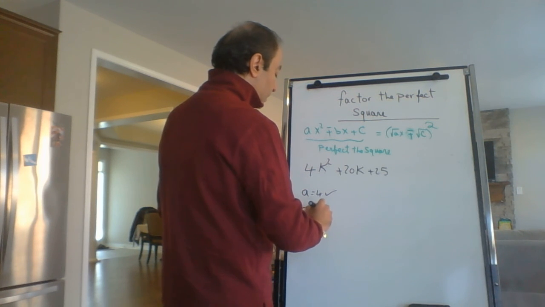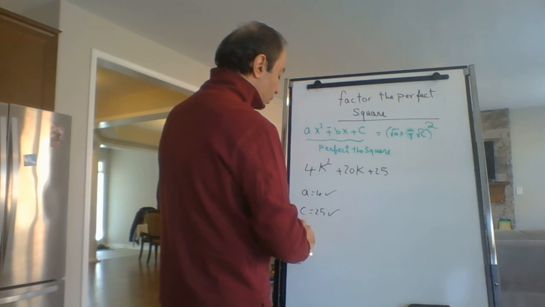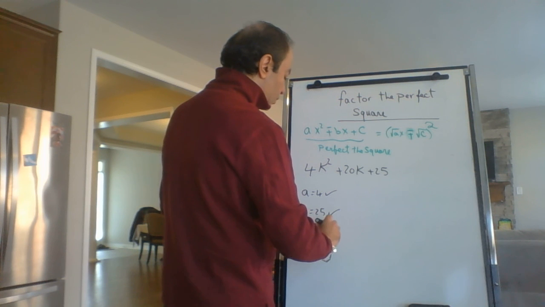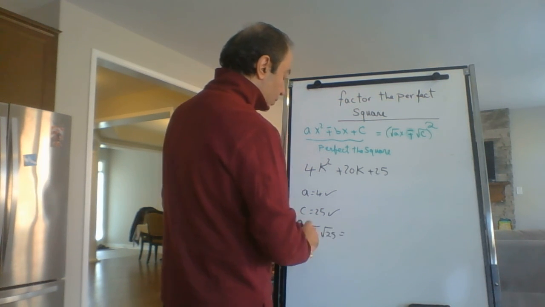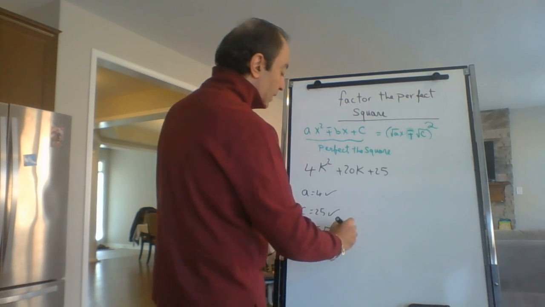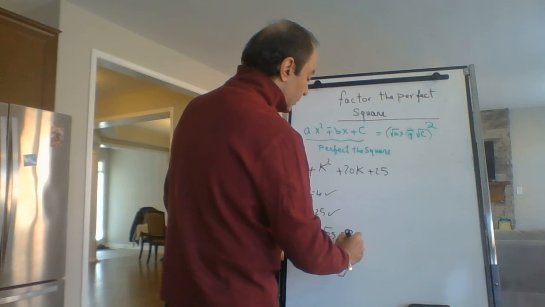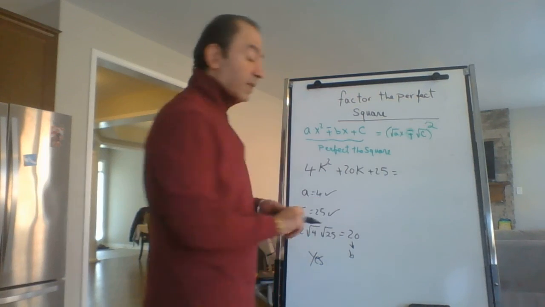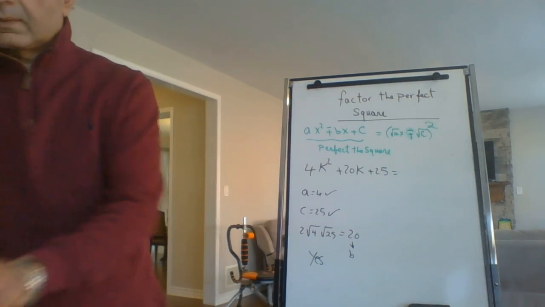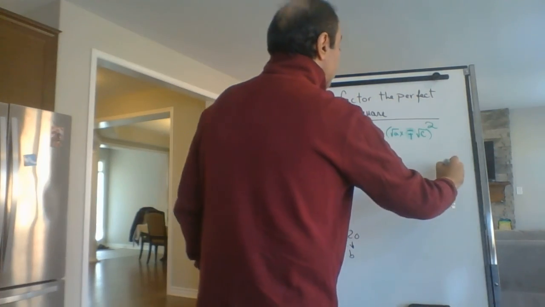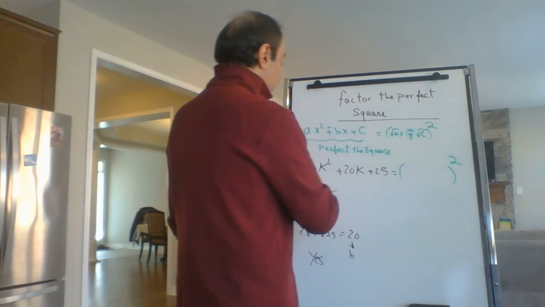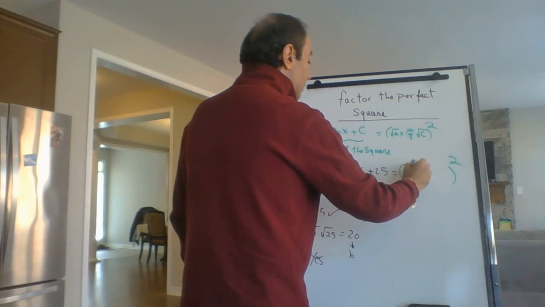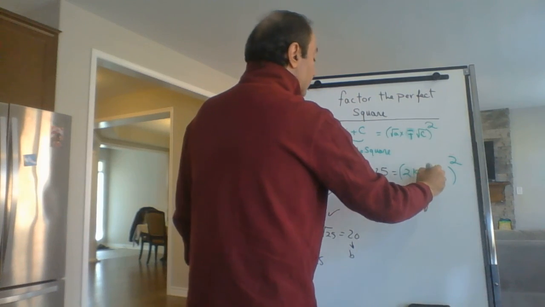C equals 25, perfect square. 2 times square root of 4 times square root of 25 is 2 times 2 times 5, that's 20, so that's b. So yes, perfect square. We can factor this now as a perfect square. How do we do that? One bracket, square here, square root of the first, sign of the middle, square root of c.